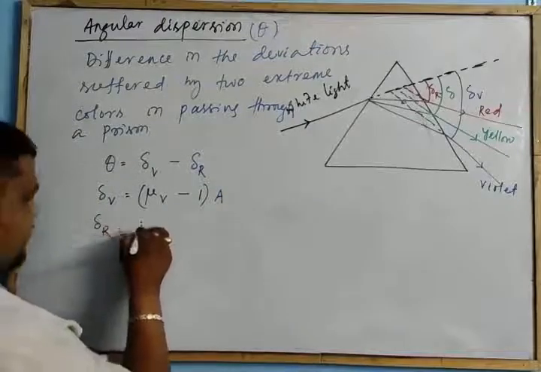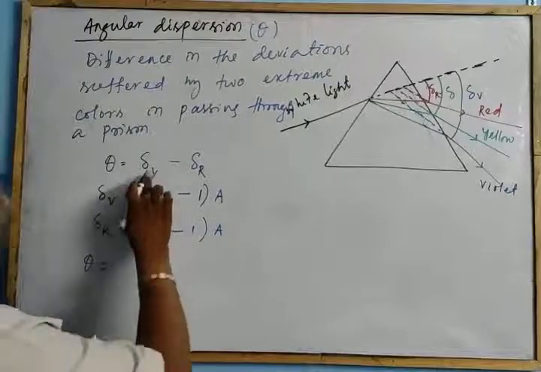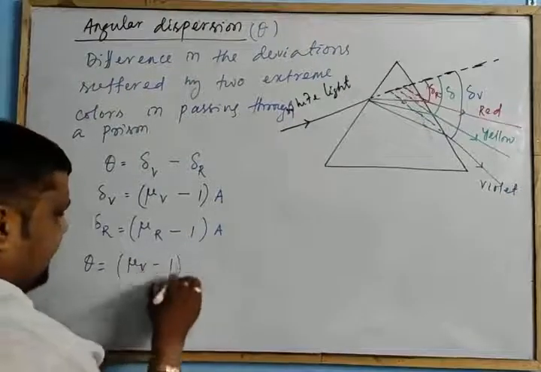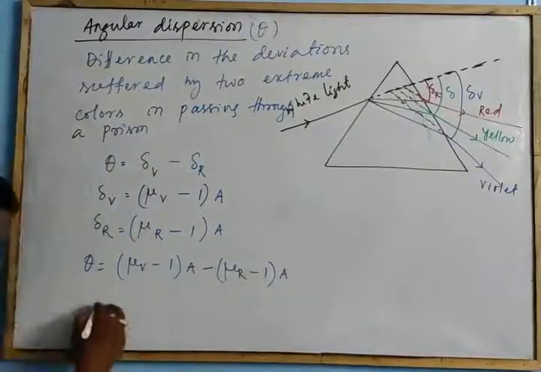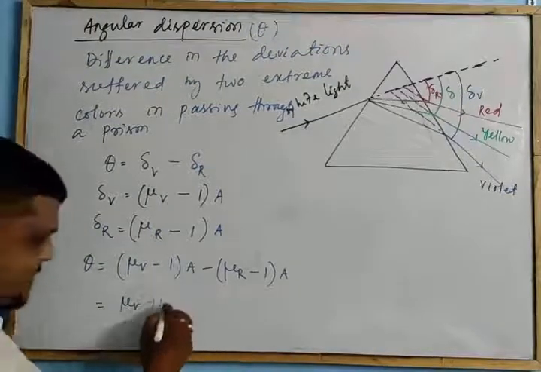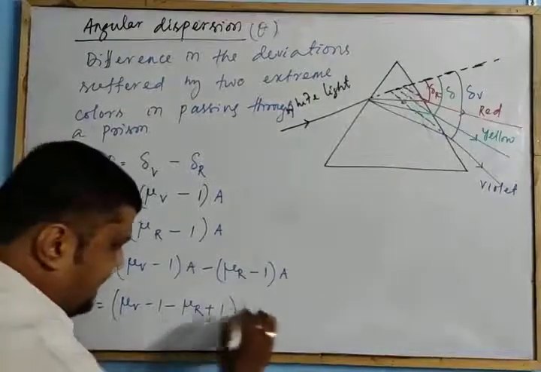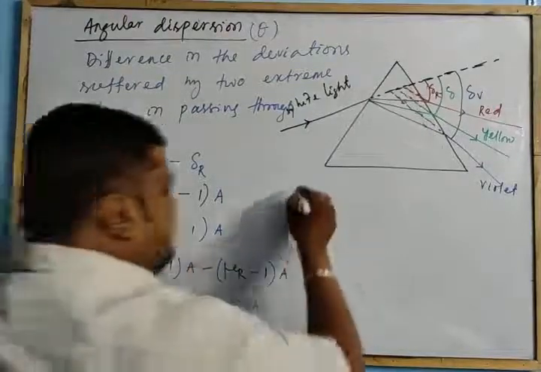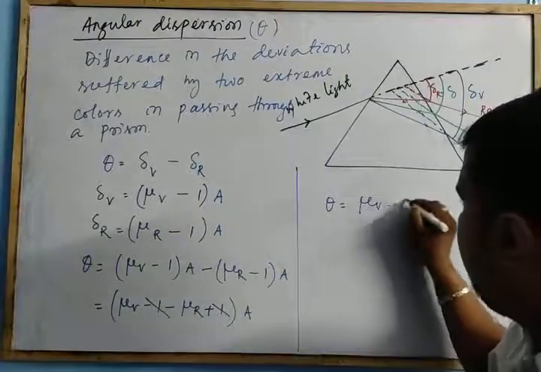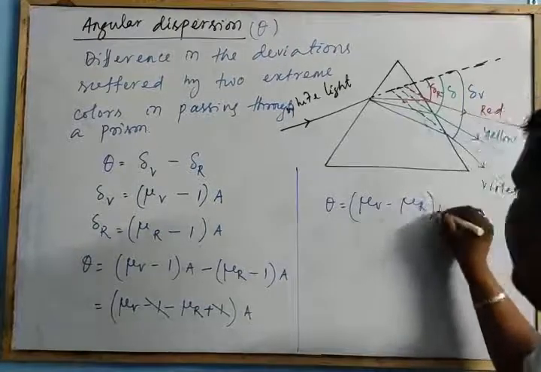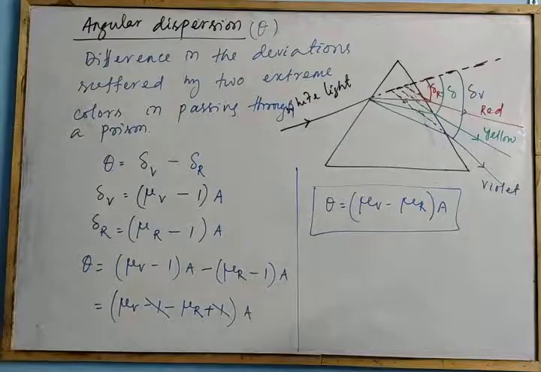For red light, (mu R minus 1) into A. So theta is equal to delta V minus delta R, which is (mu V minus 1) into A minus (mu R minus 1) into A. So this equals (mu V minus 1 minus mu R plus 1) into A. The minus 1 and plus 1 cancel. So the angular dispersion theta is equal to (mu V minus mu R) into A. This is the expression for angular dispersion.